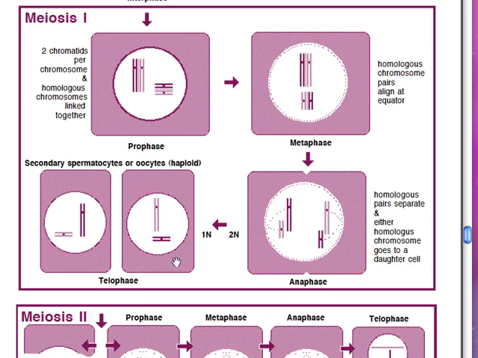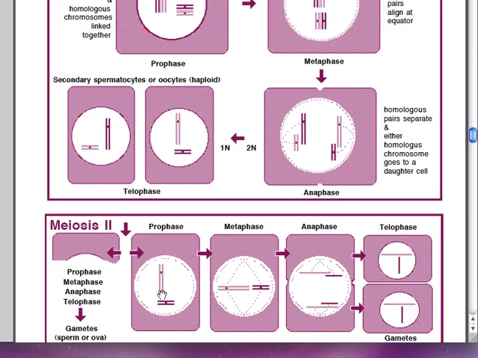Each is haploid. They are genetically unique because each daughter cell has gotten a different combination of maternal and paternal chromosomes. Then, as we proceed through meiosis 2, we see that meiosis 2 is similar to mitosis in the sense that the chromosomes align at the equator, and one chromatid of a pair goes to one daughter cell and the other chromatid goes to the other daughter cell.